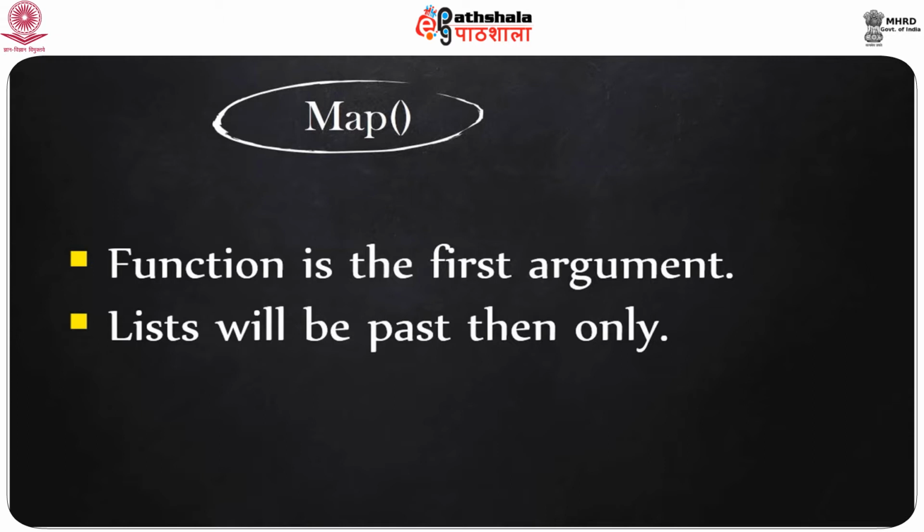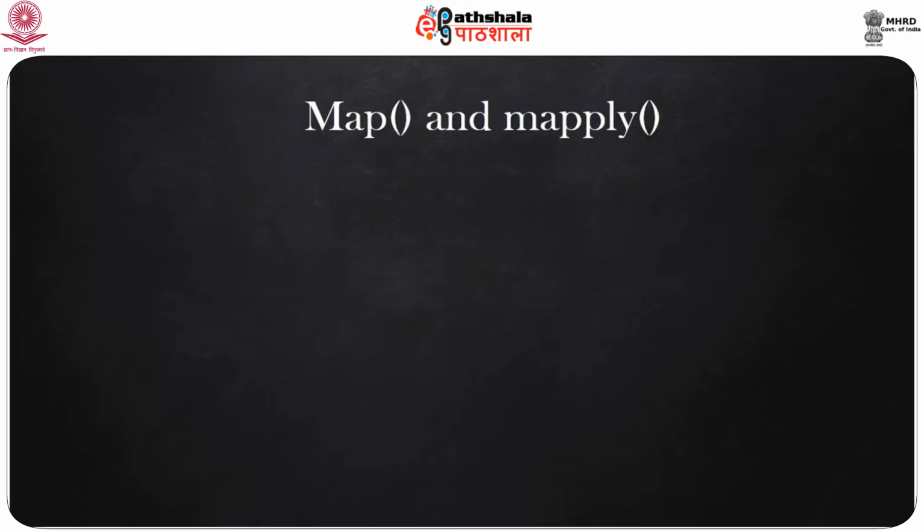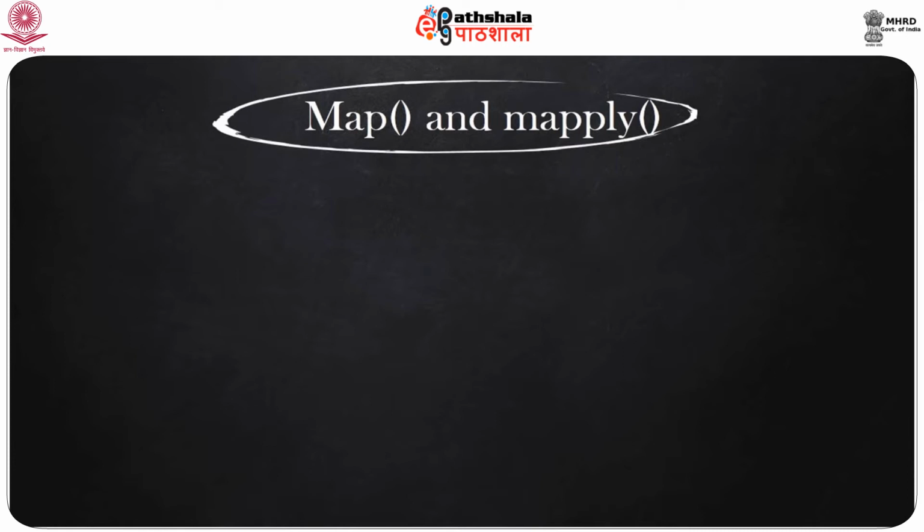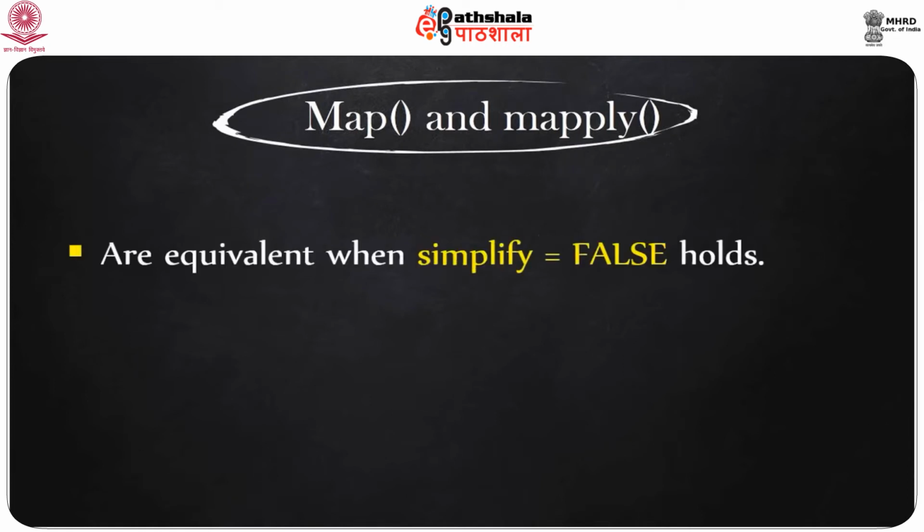Then the question that arises is, what is the Mapply function? How does it work? Is it the same as the Map function? Let's take up these questions one by one. Both the Mapply and the Map functions are equivalent when SIMPLIFY is equal to FALSE.